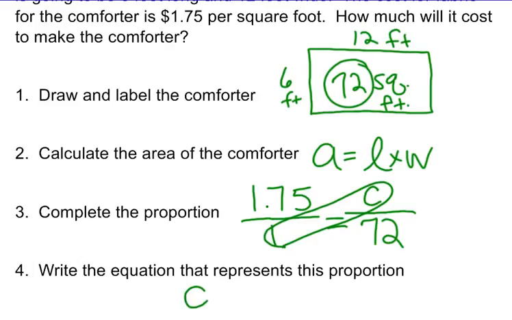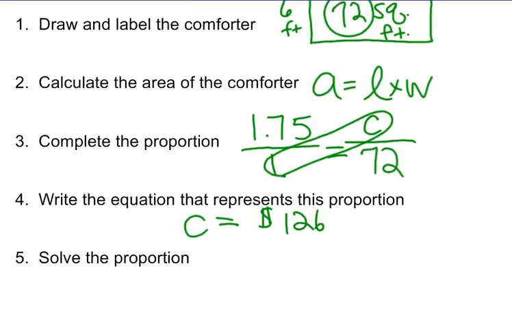Here's our equation. C equals $1.75 times 72. So the cost of the comforter is $126. And we did steps 4 and 5 really together. We wrote the equation and then we solved it.